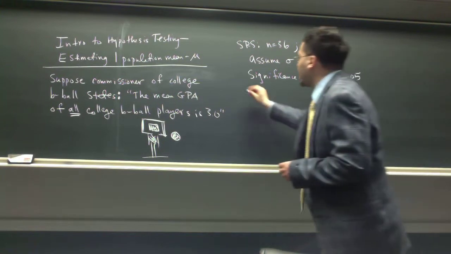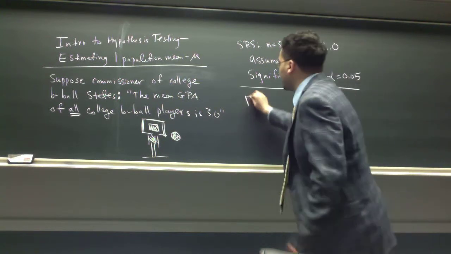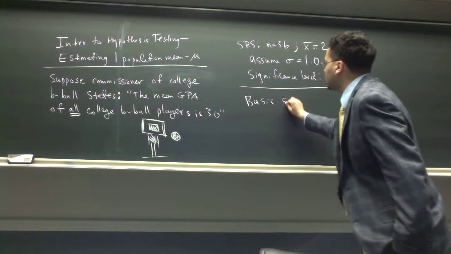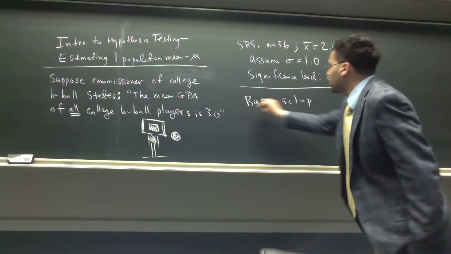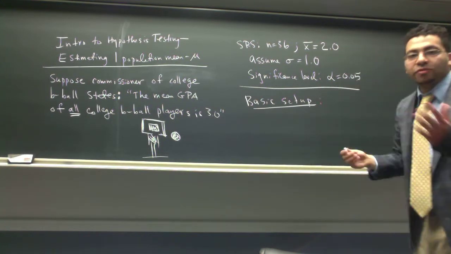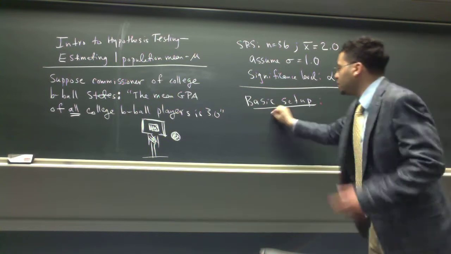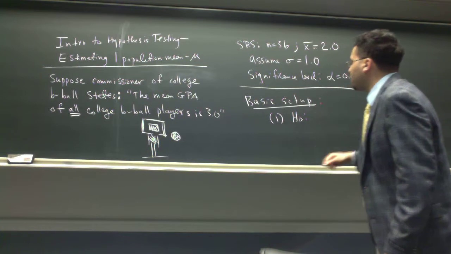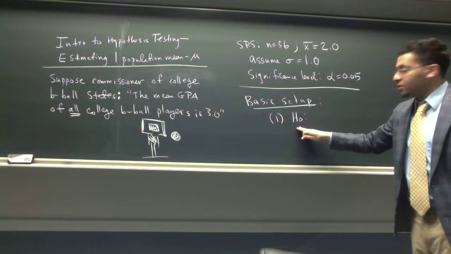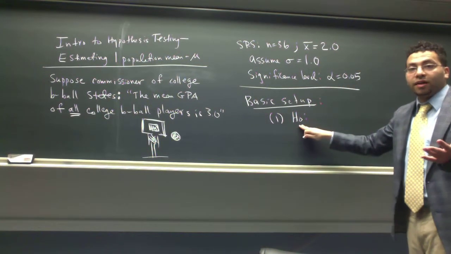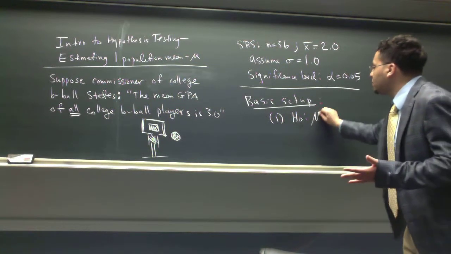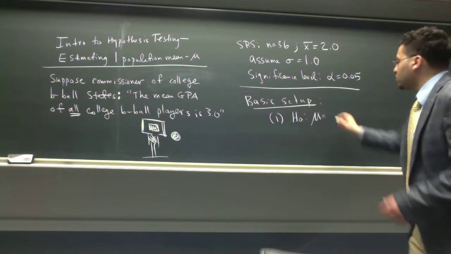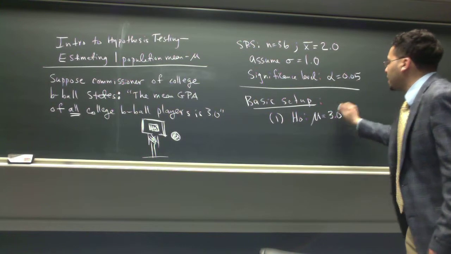The basic setup of hypothesis testing: so we have two options. Option one, we have what's called the null hypothesis, or the claim, H sub naught. The null hypothesis represents the commissioner's claim that the mean GPA is 3.0.